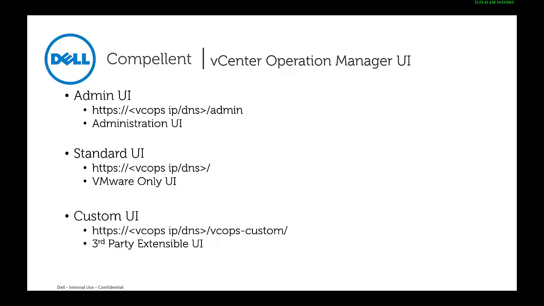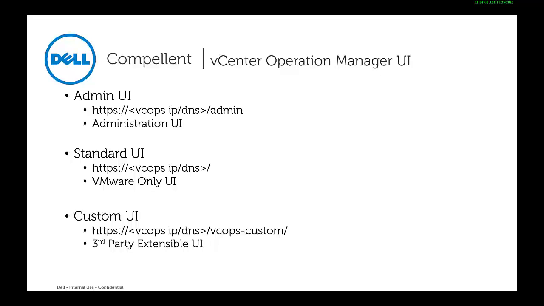vCenter Operations Manager currently has 3 web-based interfaces. The admin UI is used to deploy updates and adapters to vCenter Operations Manager. This is accessed by going to the vCOps IP or DNS name with /admin on the back of it, which brings up the admin UI.